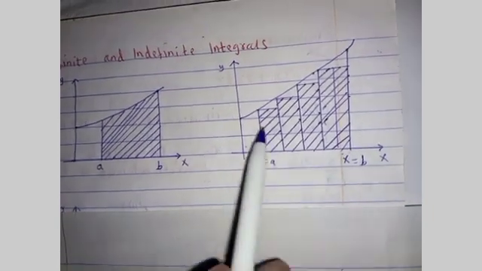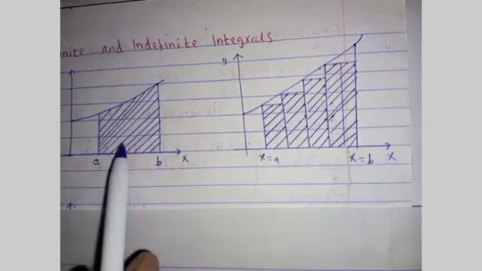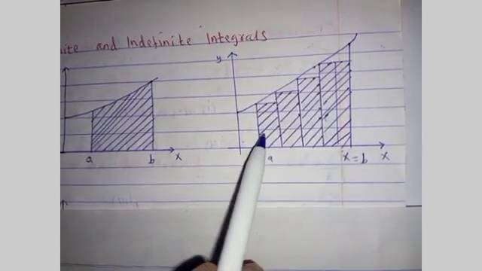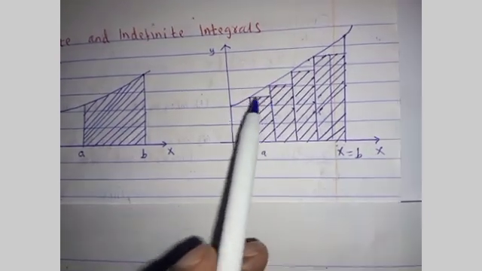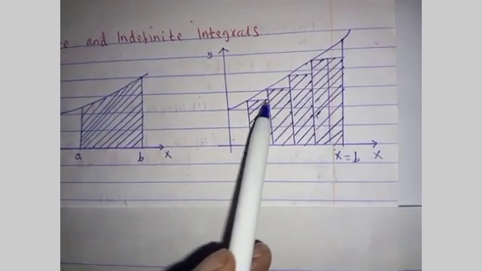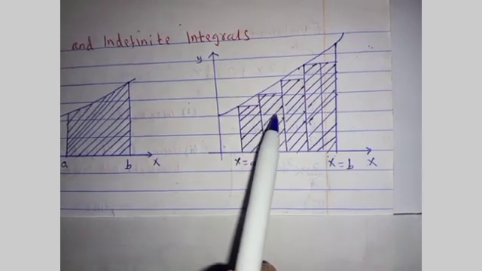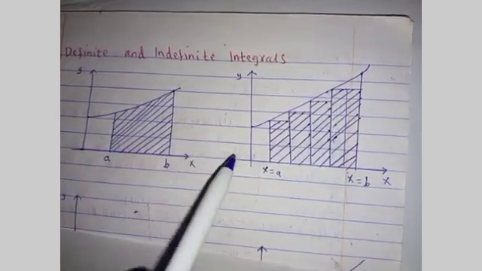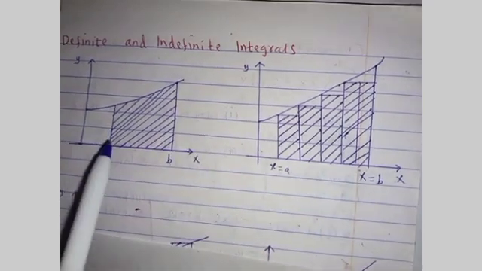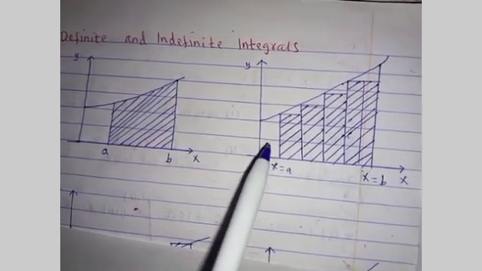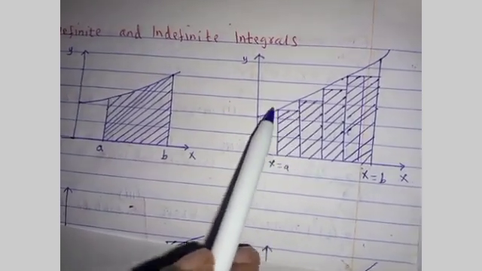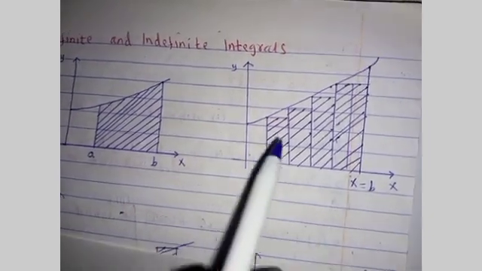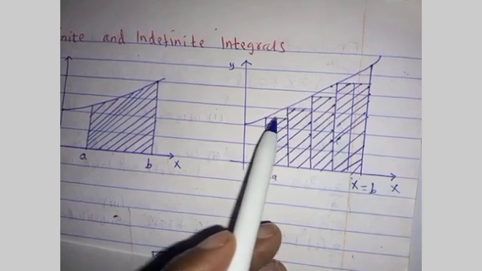One of the ways is whereby we subdivide this area into equal rectangles. In this case, we subdivide this region into an equal number of rectangles. As you can see here, our area will be underestimated because there is a section which is being left here.